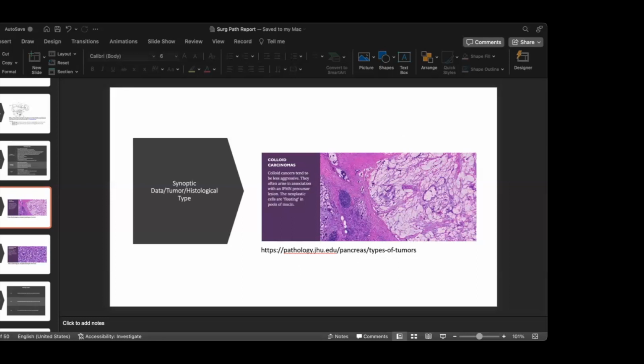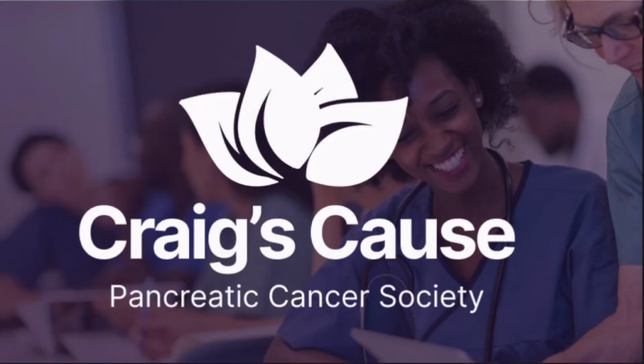And then if I can just compare the histology, let me share my screen. Just one second. They look different histologically too. A neuroendocrine tumor has really nice histology.